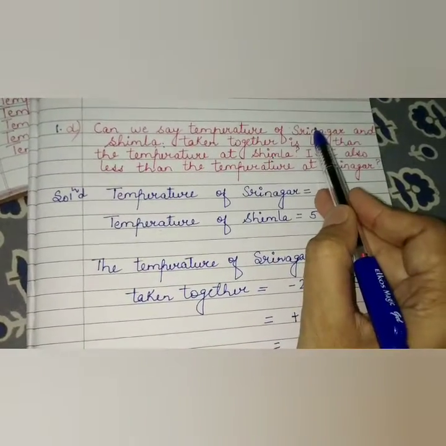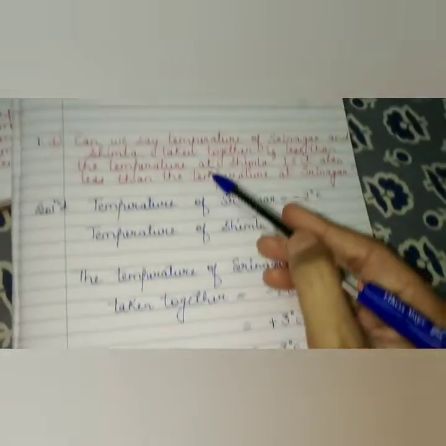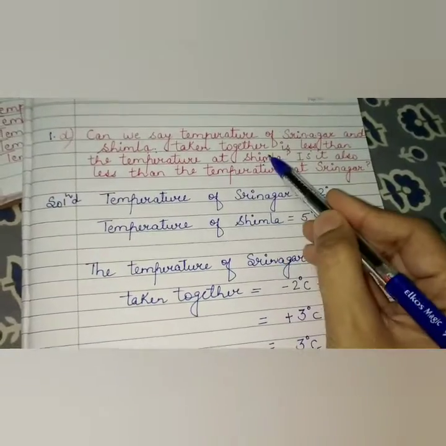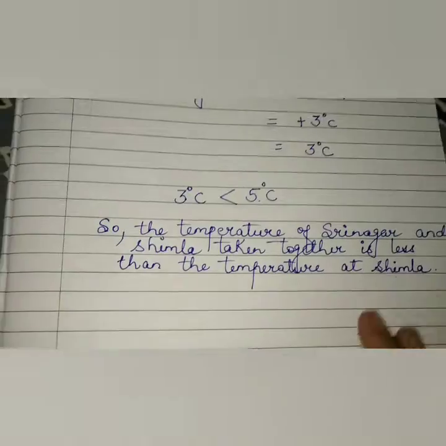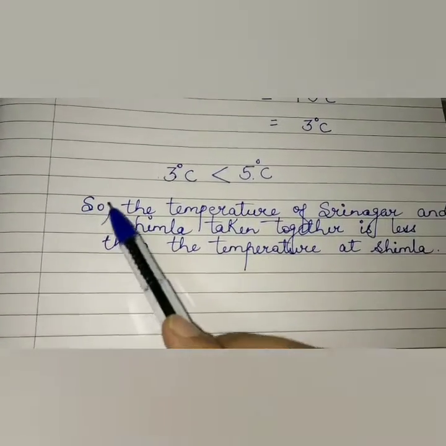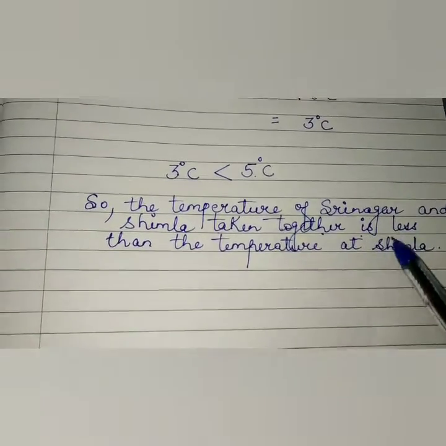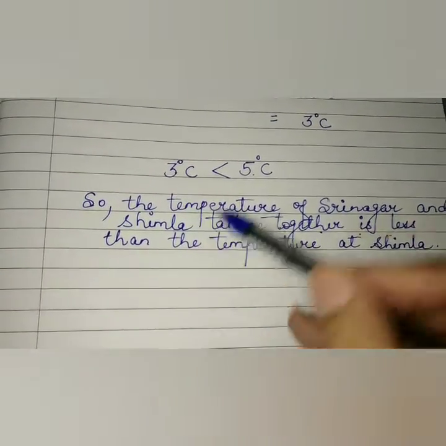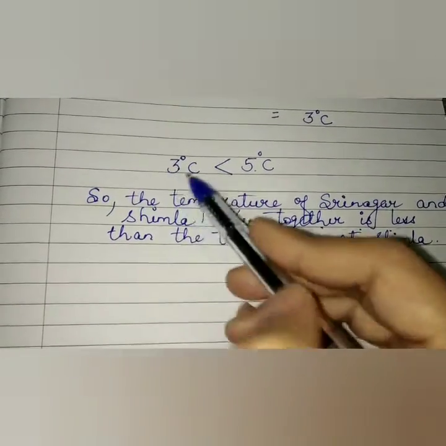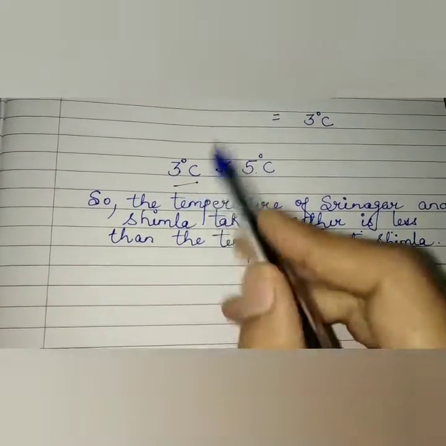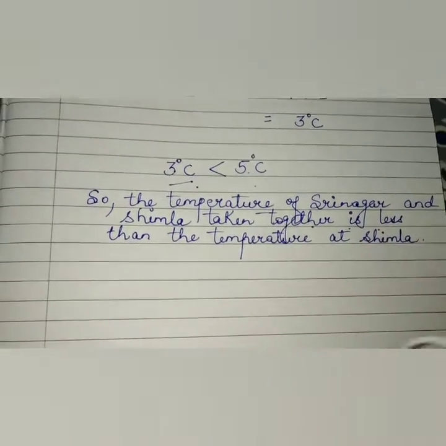It means the temperature of Srinagar and Shimla taken together, that is 3 degrees Celsius, is less than the temperature of Shimla, that is 5 degrees Celsius. This was true, so I have written, the temperature of Srinagar and Shimla taken together is less than the temperature at Shimla. It shows here also that the temperature of Srinagar and Shimla taken together, 3 degrees Celsius, is less than the temperature at Shimla.